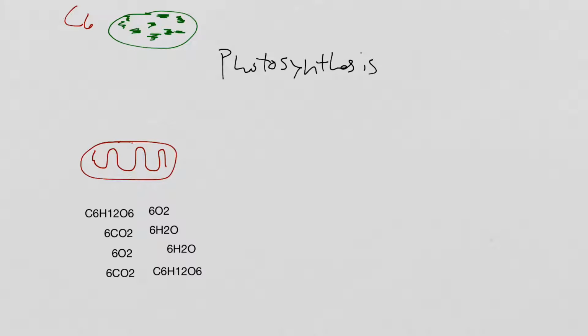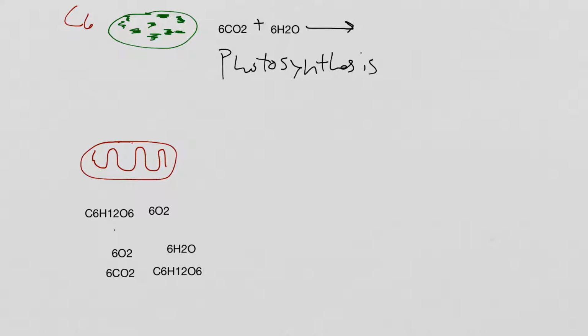Okay? And in photosynthesis, you are going to take a couple of different things. Number one, you're going to have carbon dioxide, and you're also going to need water. Okay? And so what is going to happen is that those go together, and then you're going to have an arrow that goes to the products.